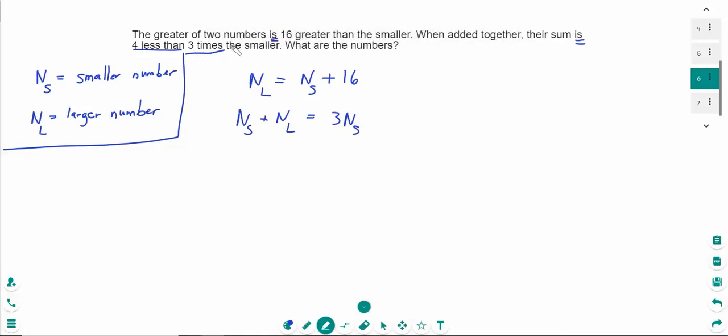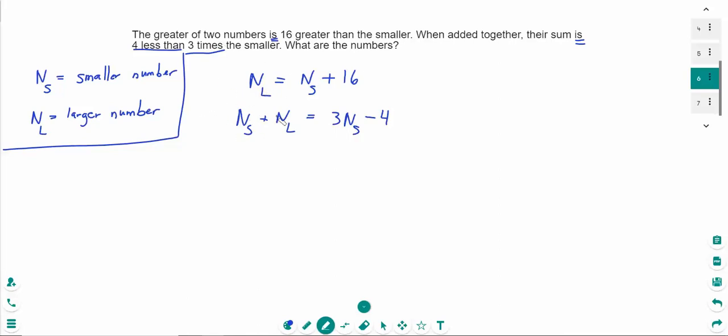And it's not just 3 times the smaller, it's 4 less than that. So we have to subtract a 4 from this. Is that clear to you? Make sure that it is, because this is the trickiest part of these problems, getting this down.